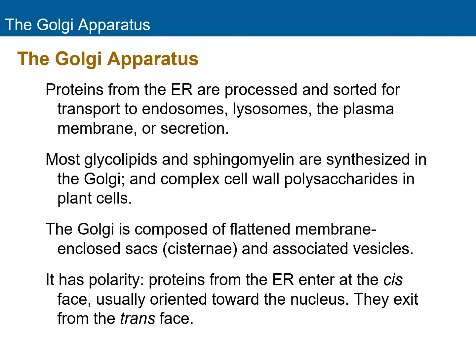Okay, now the Golgi apparatus, the second phase before the proteins are secreted out of the cell. Golgi apparatus receives all those vesicles coming from endoplasmic reticulum, and then sorts them, modifies them, encloses them in vesicles, and sends them to their final destination.